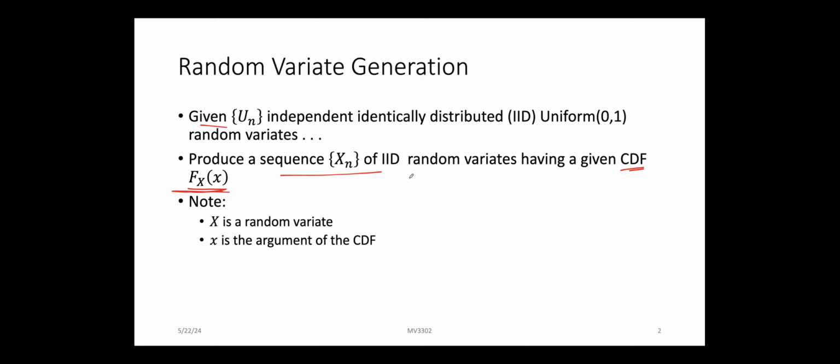Every random variable has a cumulative distribution function. Why? Because the definition of the cumulative distribution function is the probability that that random variable is less than or equal to some value. For every random variable, you can compute this quantity. That's sort of the definition of the random variable. So this always exists, regardless of what kind of random variable you have.